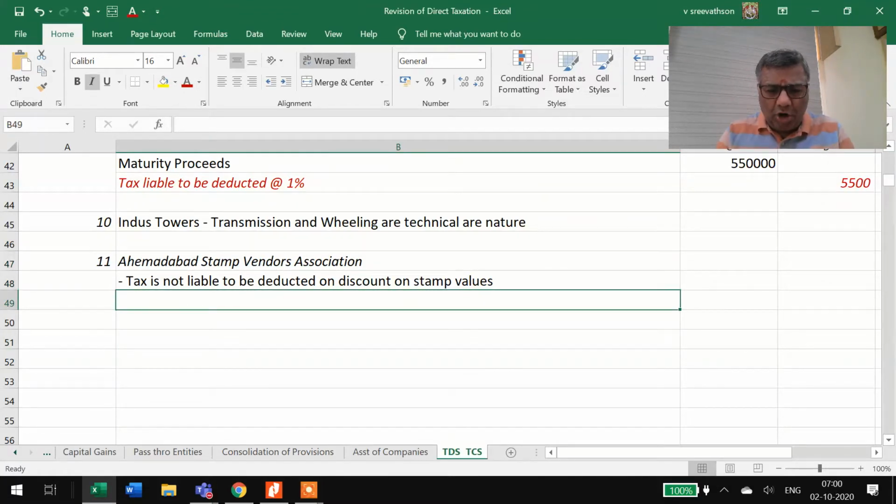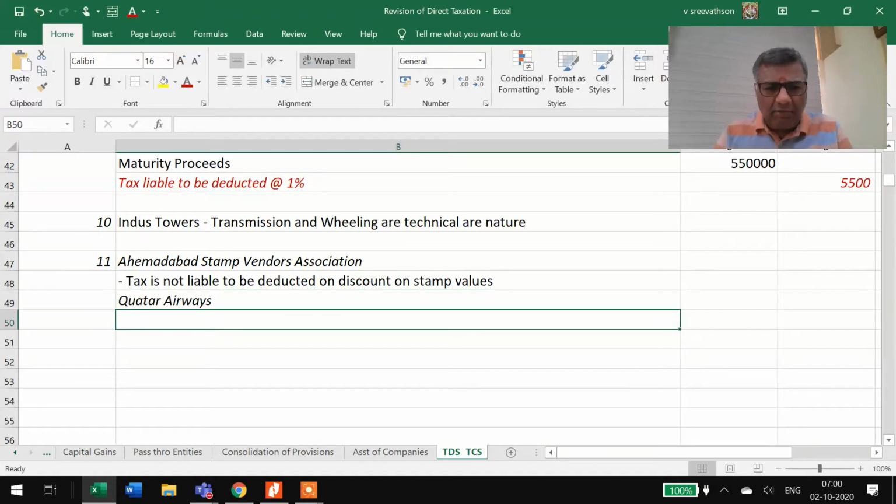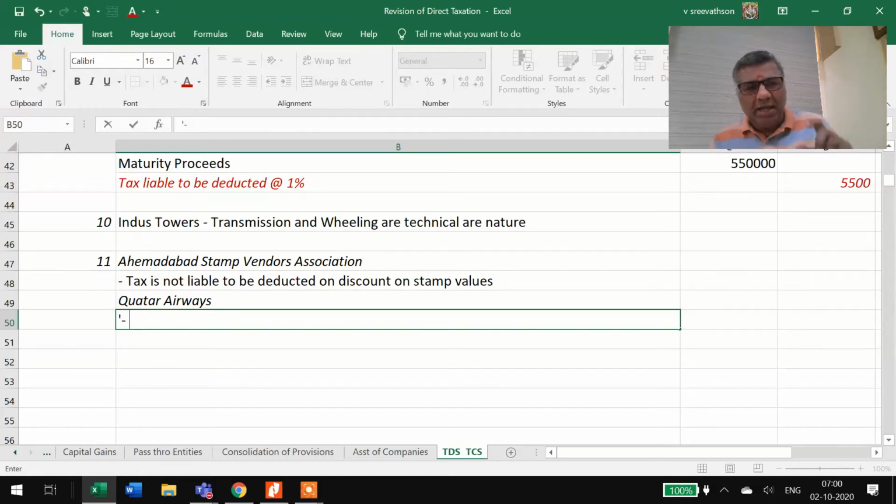Next, with regard to airlines, is Qatar Airways. See, I don't know at what price he has sold. I have given the air ticket at a lesser price, asking the agent to sell it at any price. So the difference might be commission.